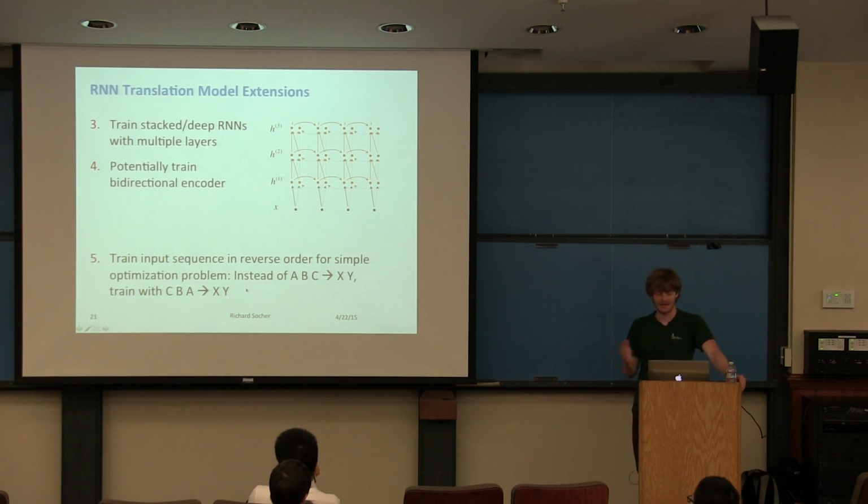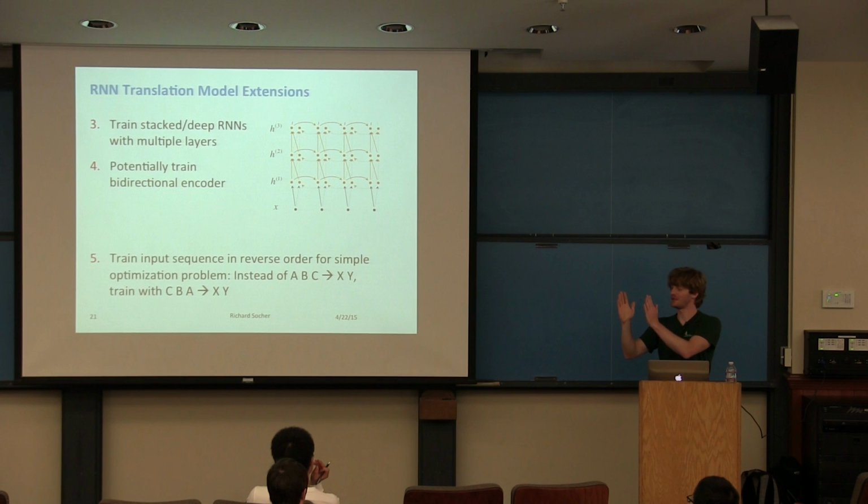What does that gain us? Well, oftentimes for simple language pairs such as English-French, they're well aligned, and so C is more likely to be translated to Y. And now this is basically a deep recurrent neural network, and despite all the various tricks that we'll introduce here for dealing with vanishing gradient problems and such, it is still a much easier problem if your output is close to the input that determines that output.